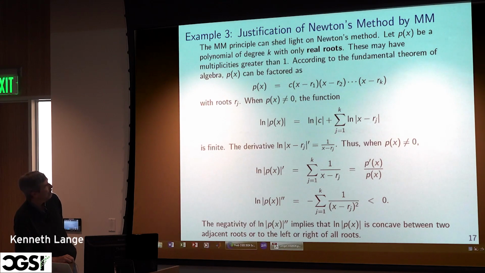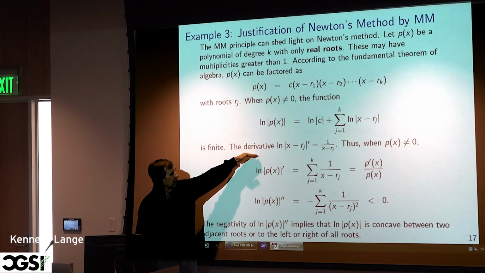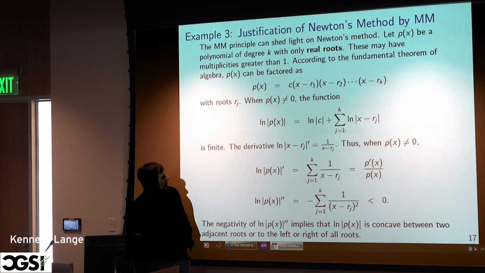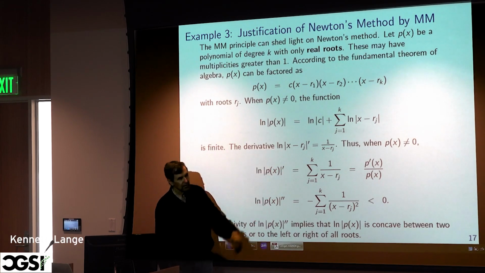If you take logarithms, then you reduce to a nice quantity. And if you remember from calculus, you can take the derivative of the log of an absolute value, and it's 1 over x minus rj.